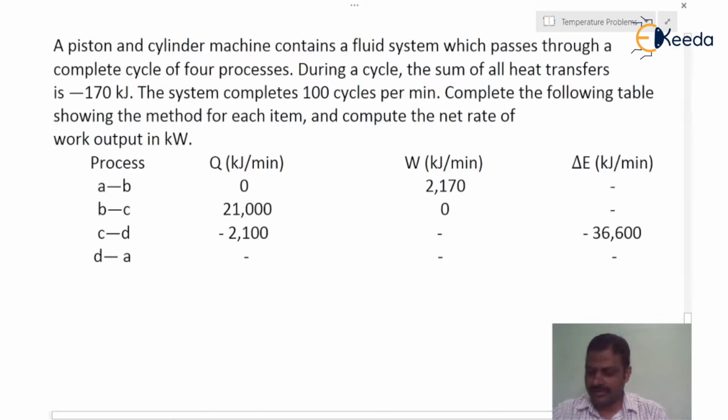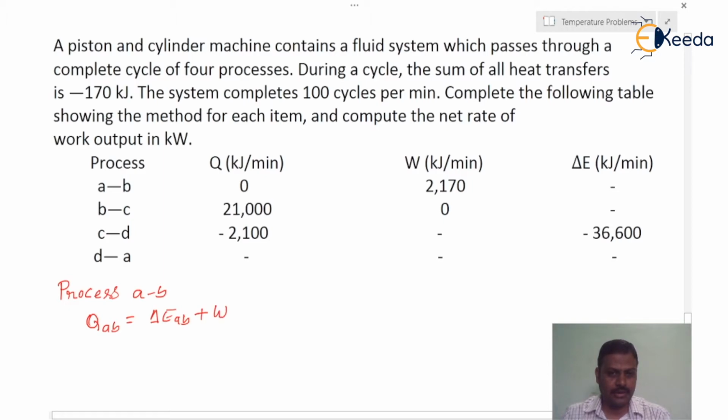So first for process AB, we have QAB equal to delta EAB plus WAB.